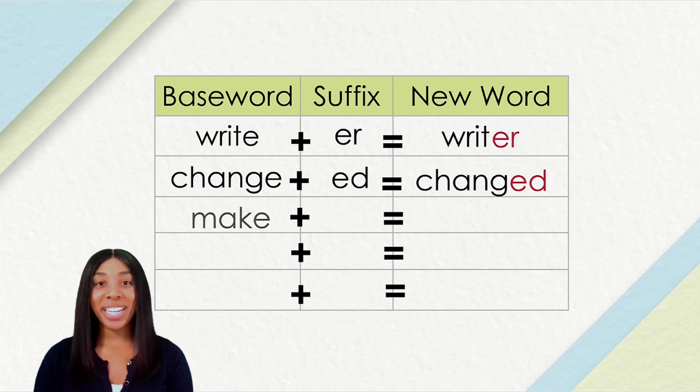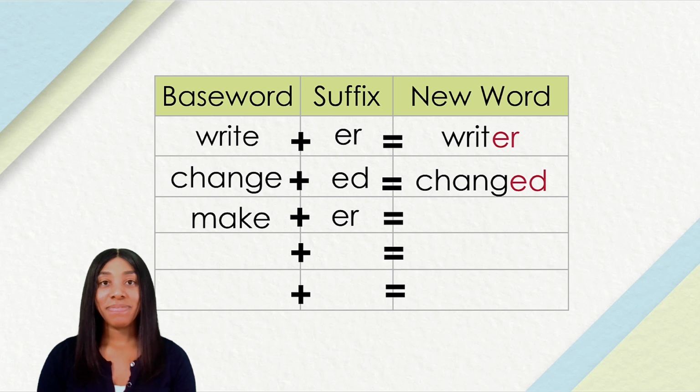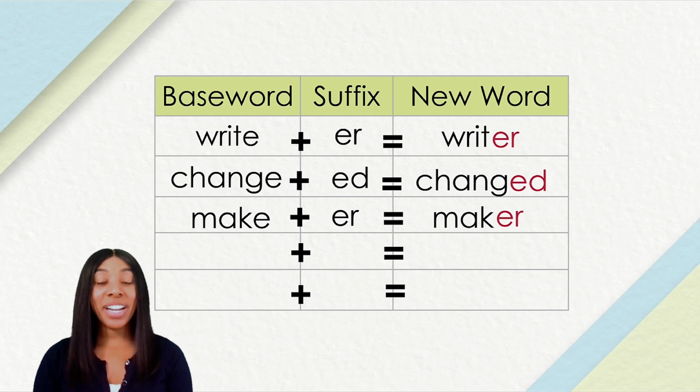Our next base word is make. We are going to add the suffix er. When we put these parts together, what new word do we make? Maker. How did our base word change?